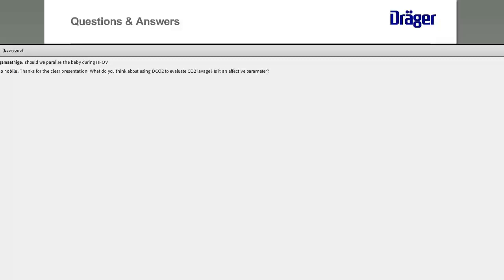Should we paralyze the baby during high frequency ventilation? Okay, we try not to. If you paralyze, sometimes you need to increase the mean airway pressure even more. We have seen that normally a baby breathing spontaneously, even if the baby is big, does not interfere with the high frequency mechanism of gas exchange.